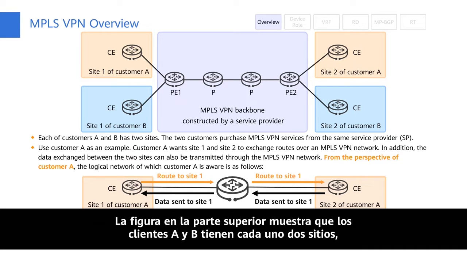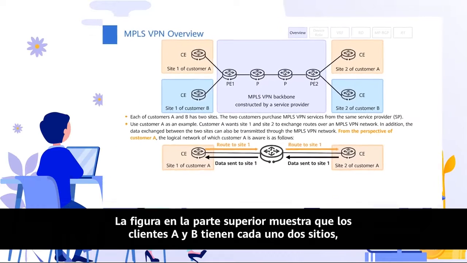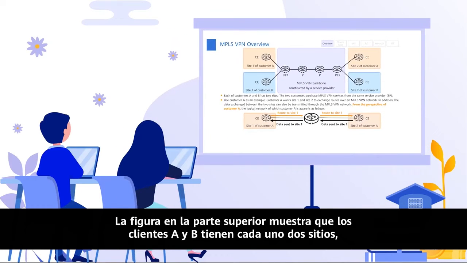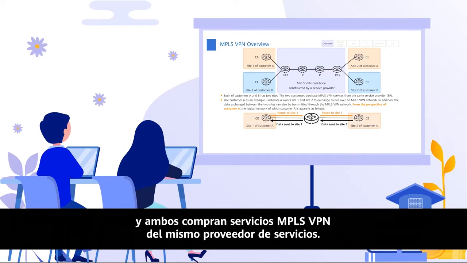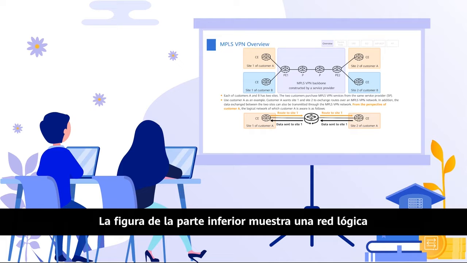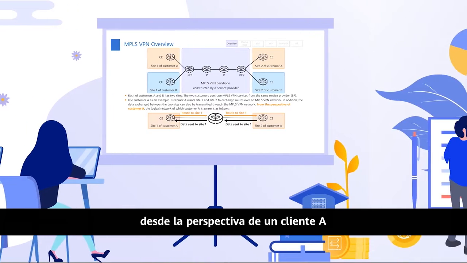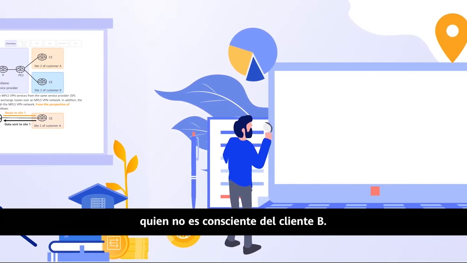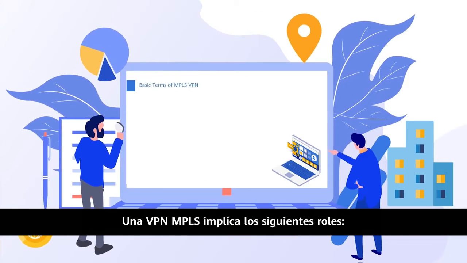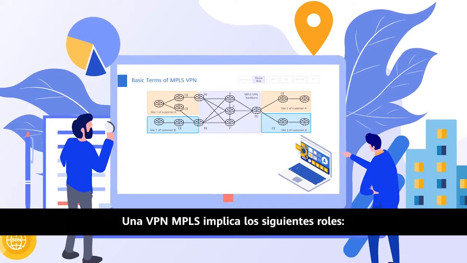The figure in the upper part shows that customers A and B each have two sites, and both purchase MPLS VPN services from the same service provider. The figure in the lower part shows a logical network from the perspective of customer A, who is unaware of customer B. An MPLS VPN involves the following roles.